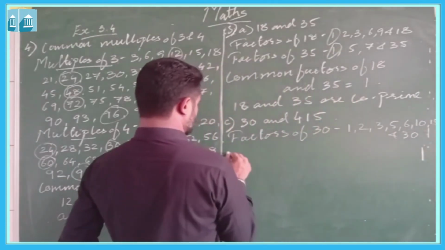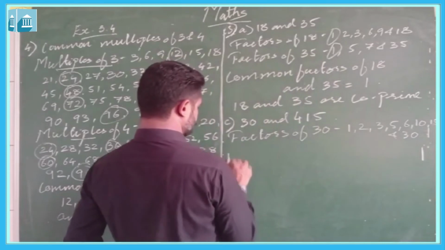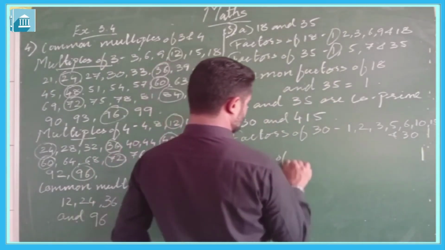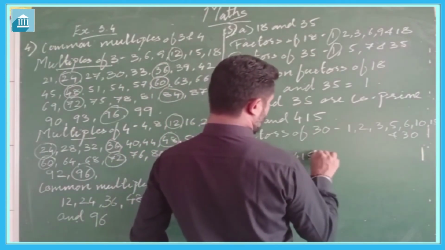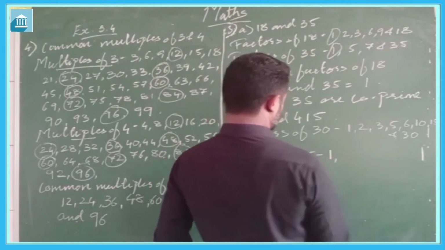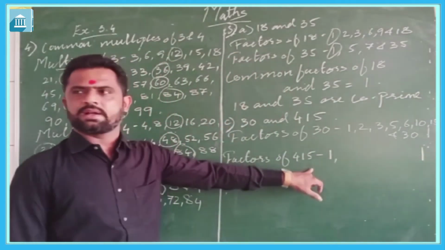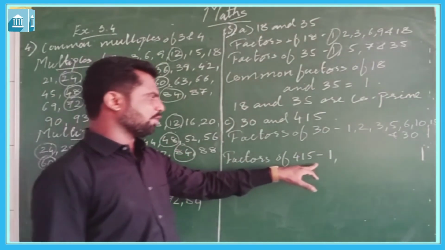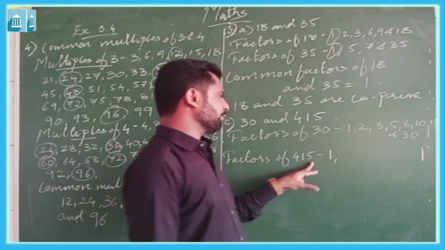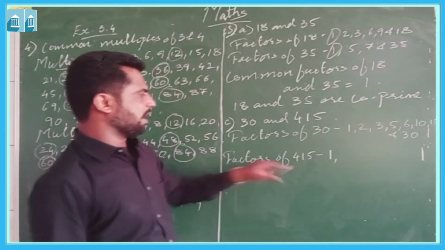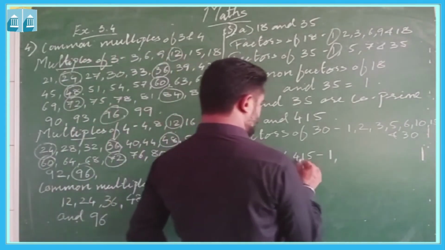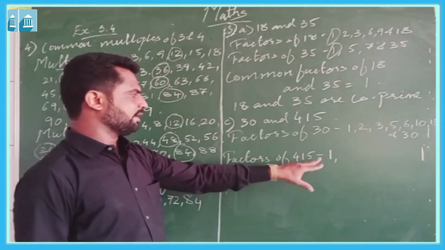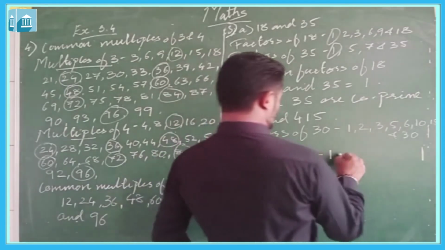Same way, factors of 415. It is not divisible by 2, as we had done in the divisibility test, because the unit digit is 5. It is also not divisible by 3: 4 plus 1 plus 5 is 10.